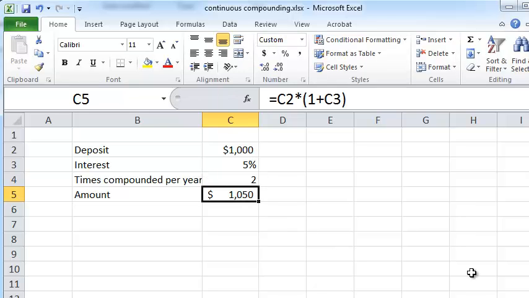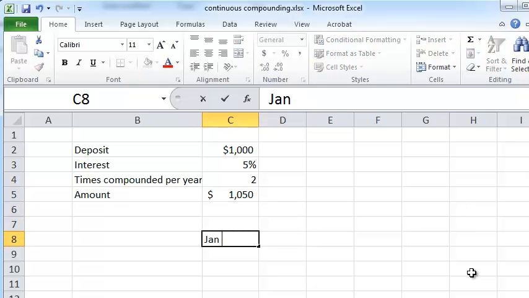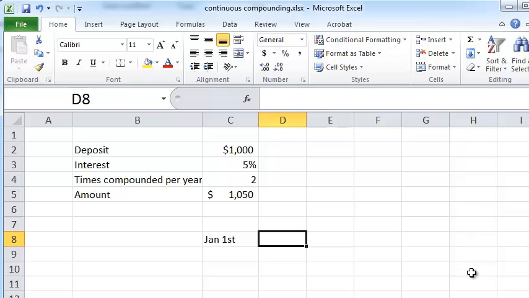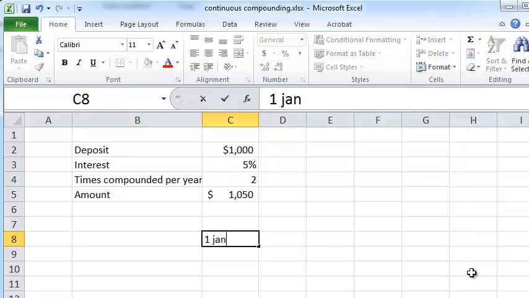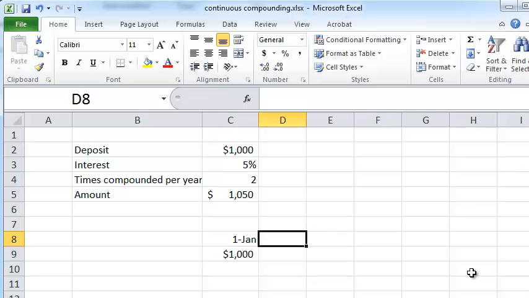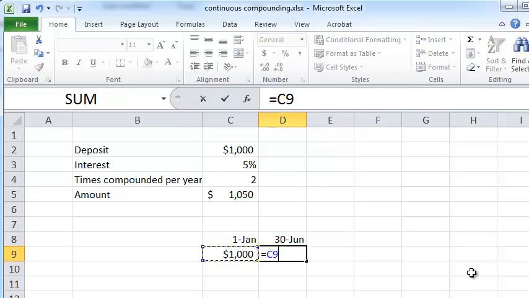Okay, so now what do you do? Let's say you have January 1st, you have $1,000. On June 30th, you have $1,000 times 1 plus your interest rate divided by 2.